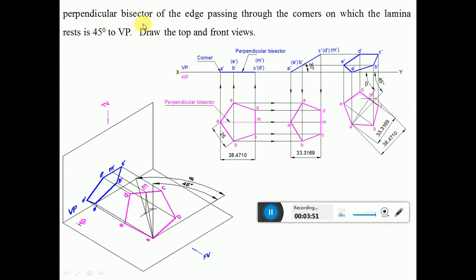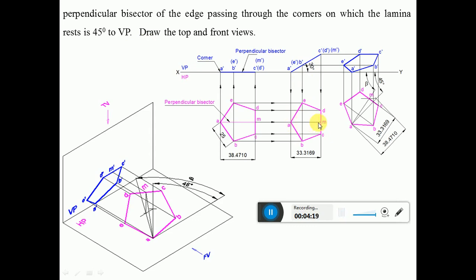This perpendicular bisector passing through the corner on which the lamina rests is 45 degrees to VP. The perpendicular bisector which is inclined to HP at 30 degrees is the same one inclined to VP at 45 degrees. Once the perpendicular bisector is inclined to HP, you are going to get the apparent length here.